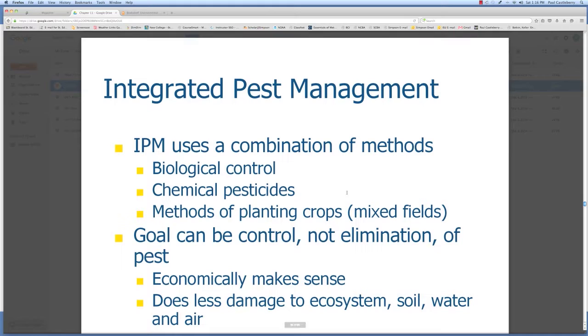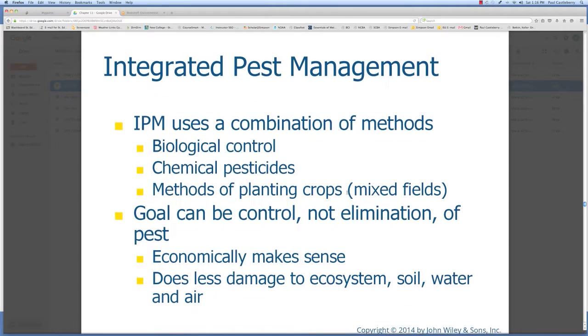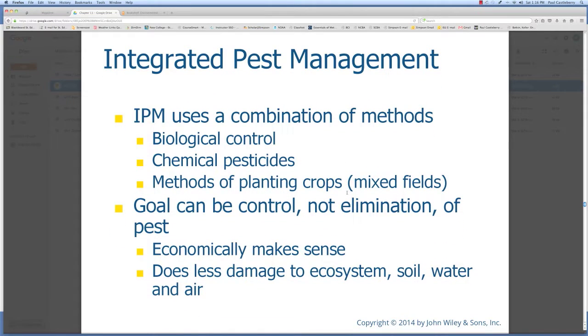Now, the integrated pest management uses a combination of methods such as biological control, chemical pesticides, and the methods of planting crops. In other words, mixed fields. So it's pulling from a variety of strategies to control pests. The goal can be control, but not elimination of the pests.